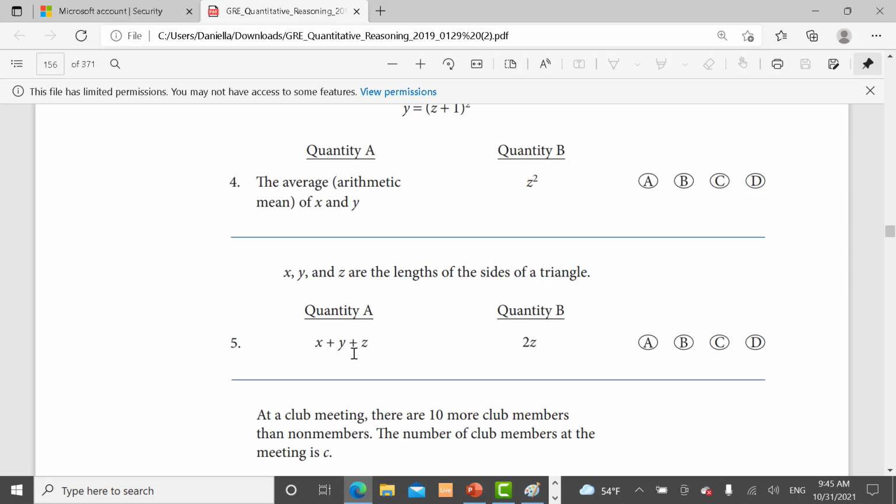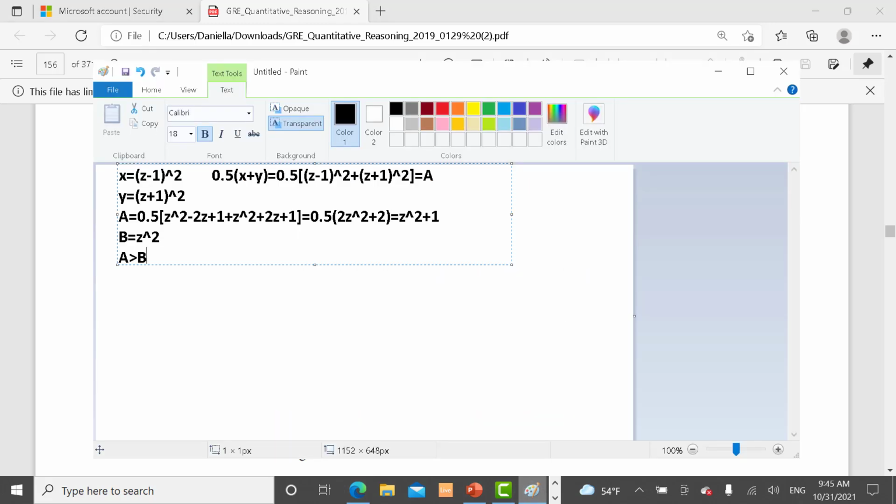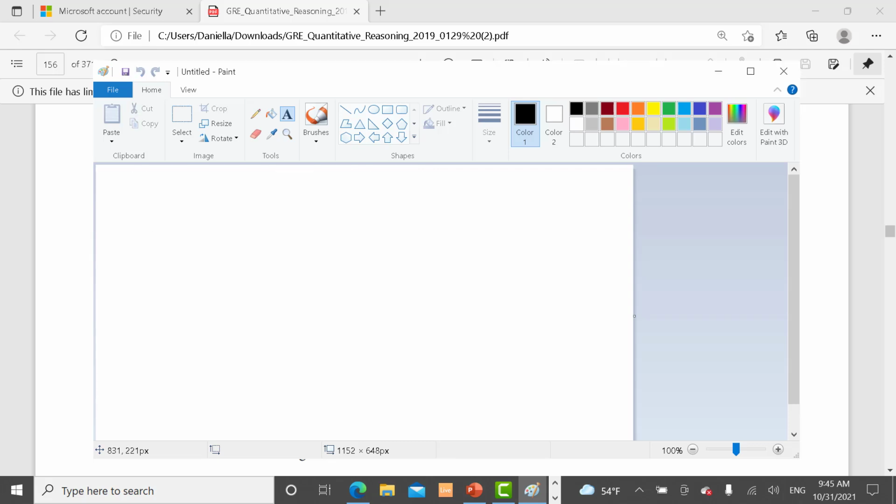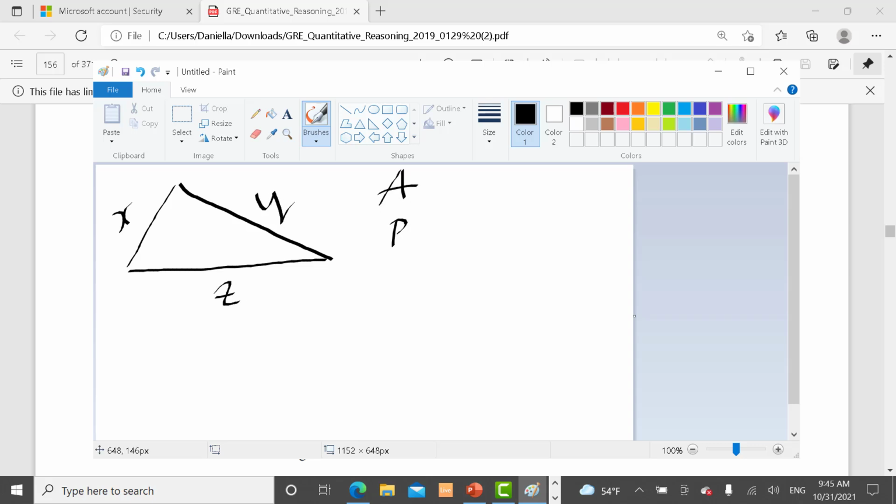So let's say I'm using the whiteboard. Let me erase it again. So let's say if I want to look at a triangle, and I'm gonna say this is X, Y, and Z. Quantity A is the perimeter, and quantity B is just 2Z.